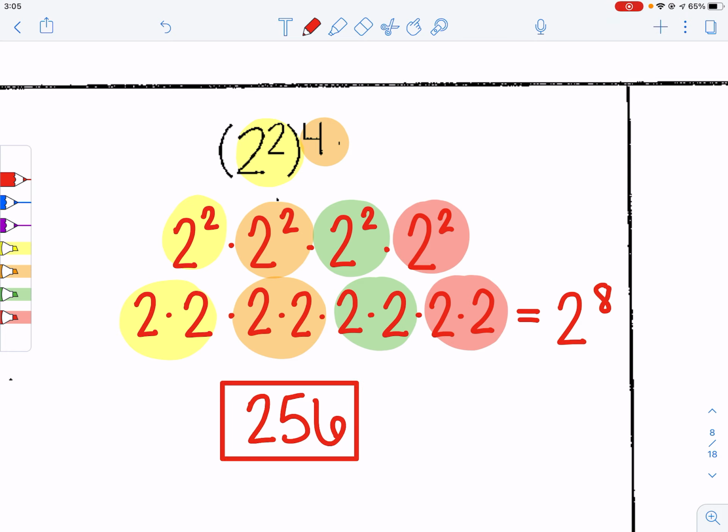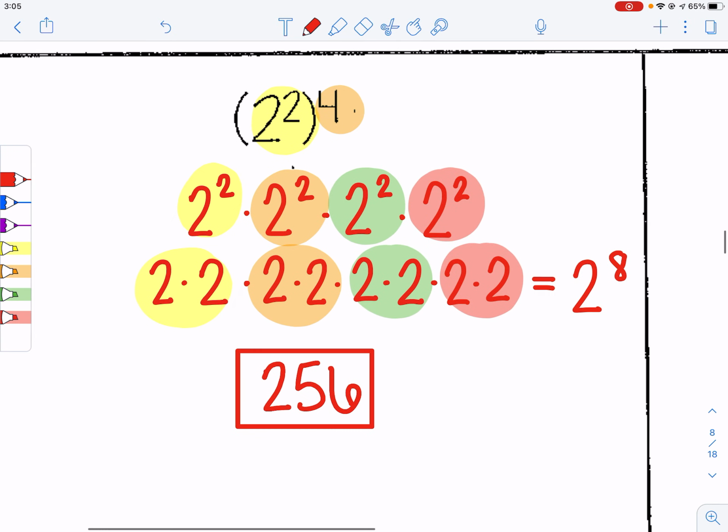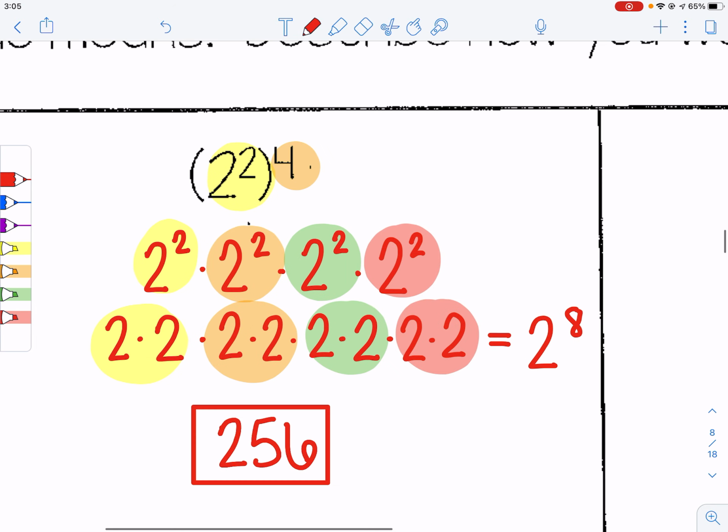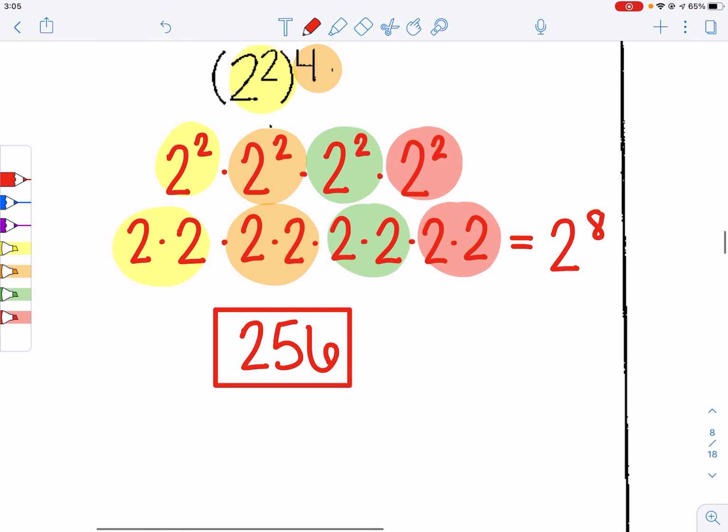All right. And if you notice what we did, and even from this step right here, we learned last class period that when you are multiplying with the same base, you can just add up all your exponents.